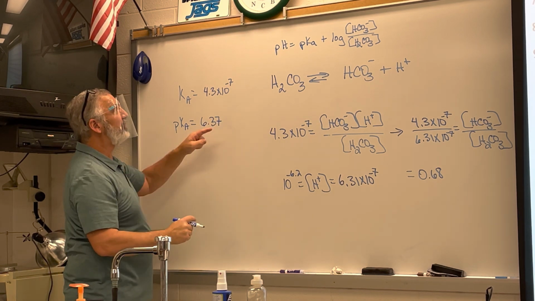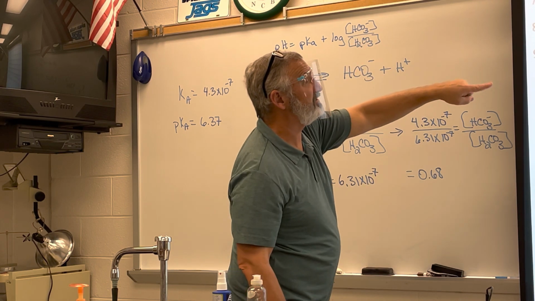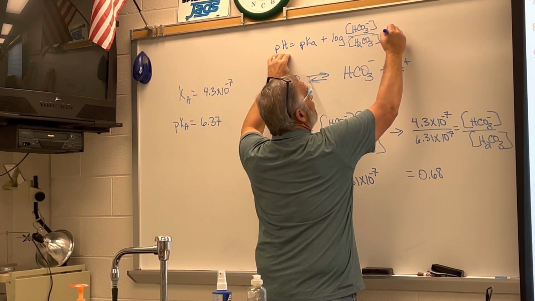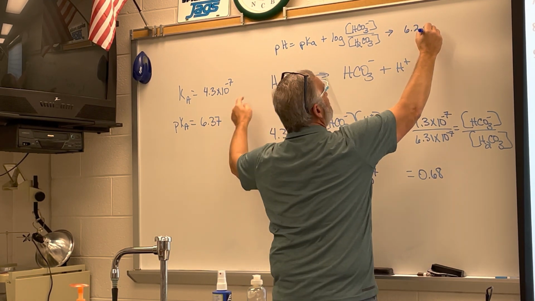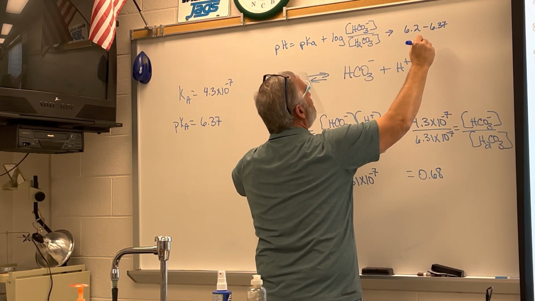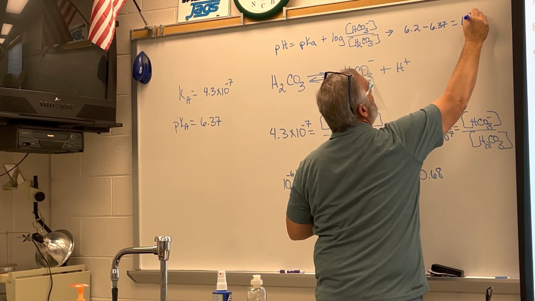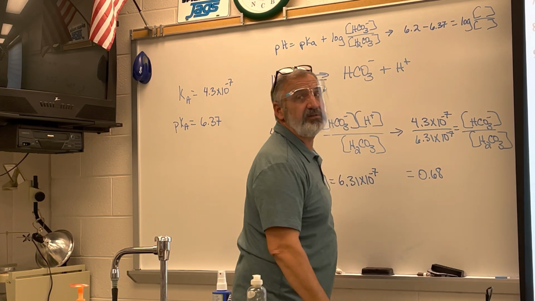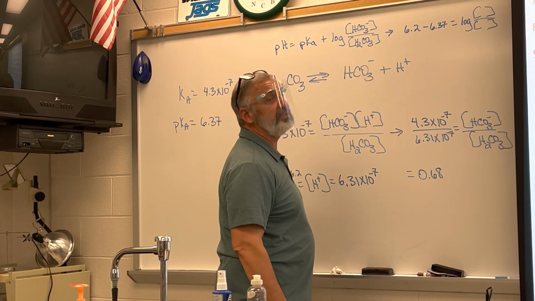So therefore, the pH is given as 6.2, right? So it's going to be 6.2 minus 6.37, which is equal to the log of my ratio. That's going to equal negative 0.17.